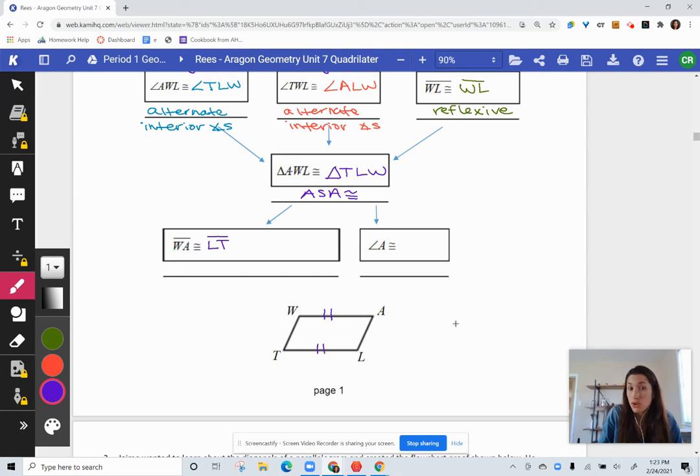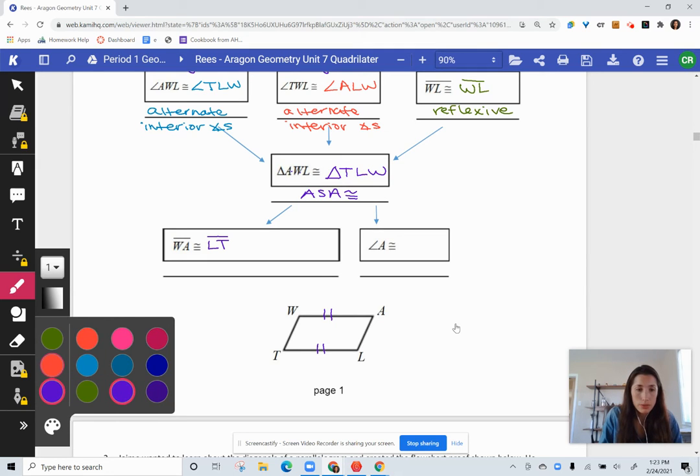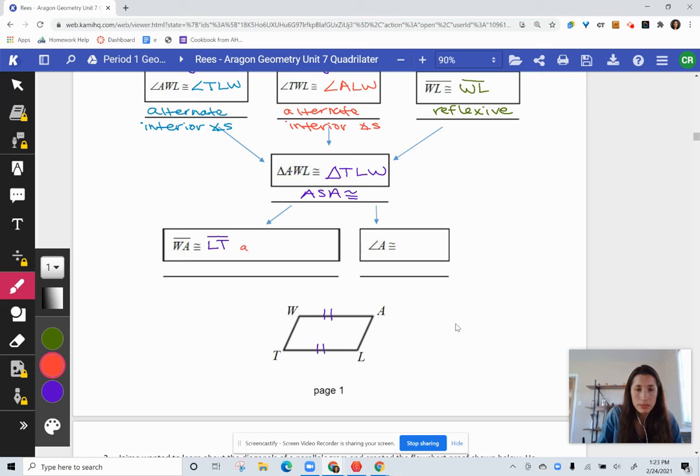If we look at these triangle statements, if the triangles are congruent, then their parts are equal as well. I also would know, so I can say, WT would be congruent to LA. So I'll put one mark on those.